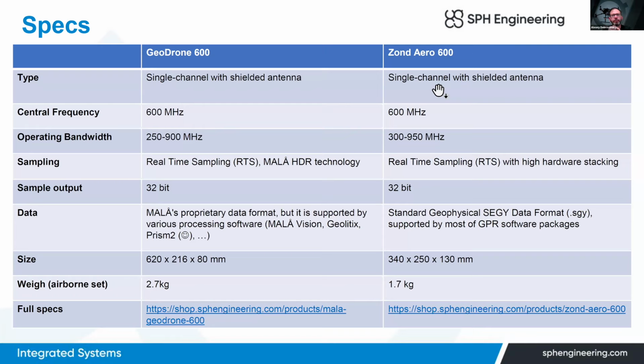For ground penetrating radars, it is common to have a very wide frequency range of the antenna, to achieve, on one side, deeper penetration from the lower part of the spectrum and better resolution from the higher part of the spectrum for more shallow layers. So here is a small difference. In theory, GeoDrone should have a bit deeper penetration. Zonterra should have a bit better resolution in shallow layers, but it is just in theory. We can see the data is almost the same.